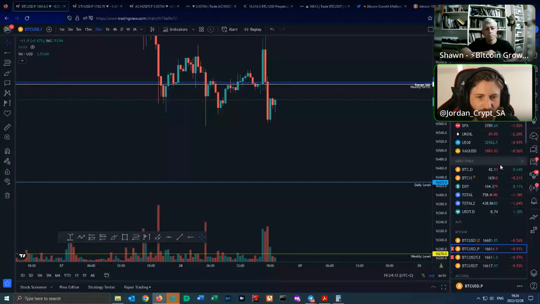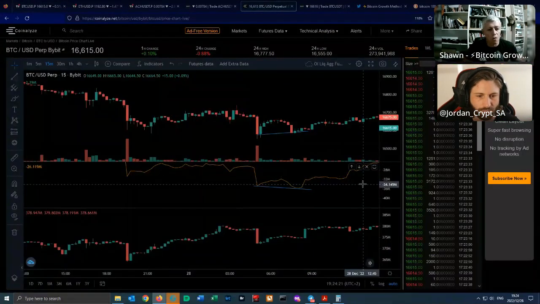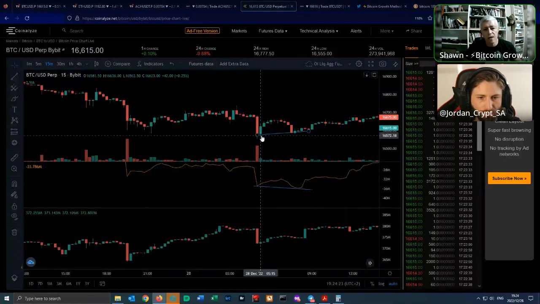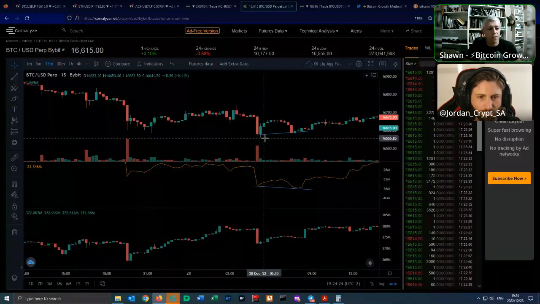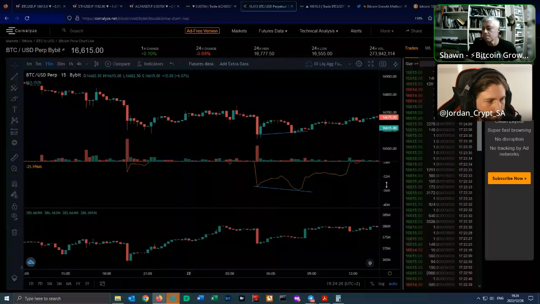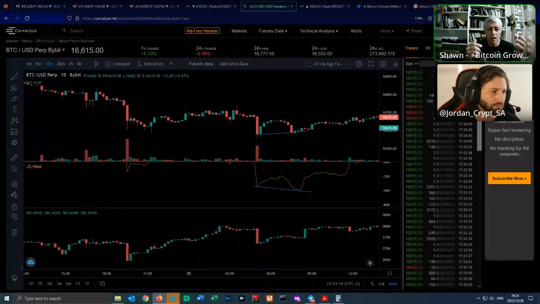Someone talked about the CVD indicator earlier. What is it? Can you explain more? So right here, where we had this move down to that 16,555, CVD stands for cumulative volume delta. Delta is the difference between the longs and the shorts.